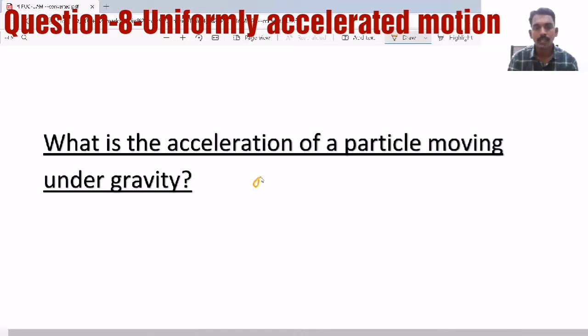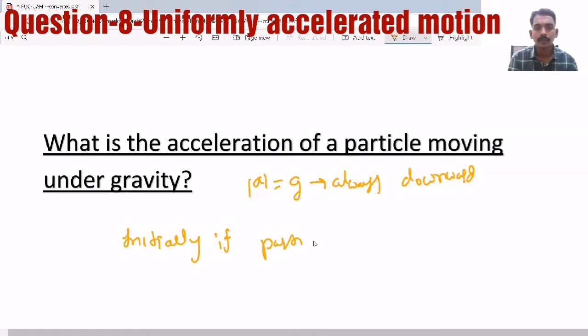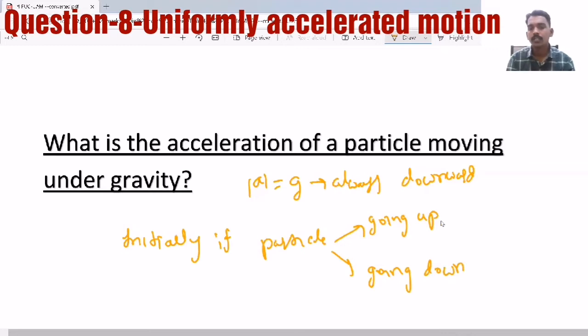The magnitude of acceleration of the particle is g, and it is always in the downward direction, that means towards the center. Now, initially, if the particle is going up or going down: as the particle is going up, g is downward, that's why you will take it as minus g.